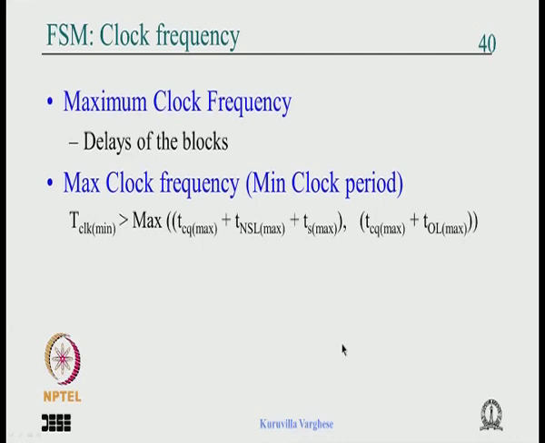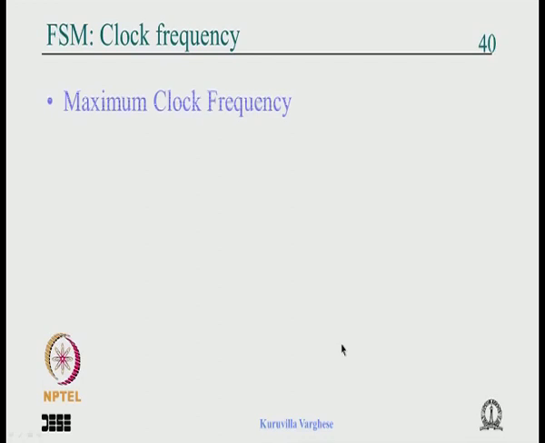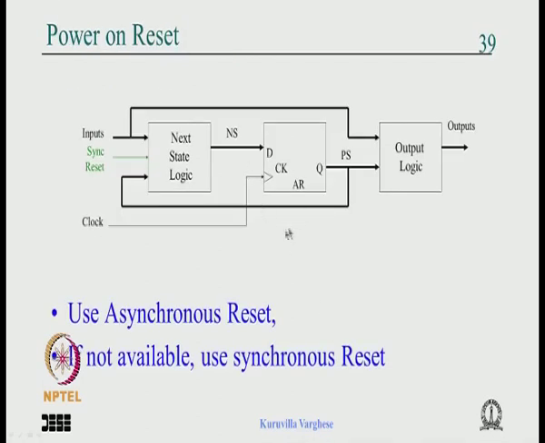But suppose you have designed a state machine and you find the maximum frequency is say 1 gigahertz, this can tolerate, and is it a good idea to clock it at 1 gigahertz?